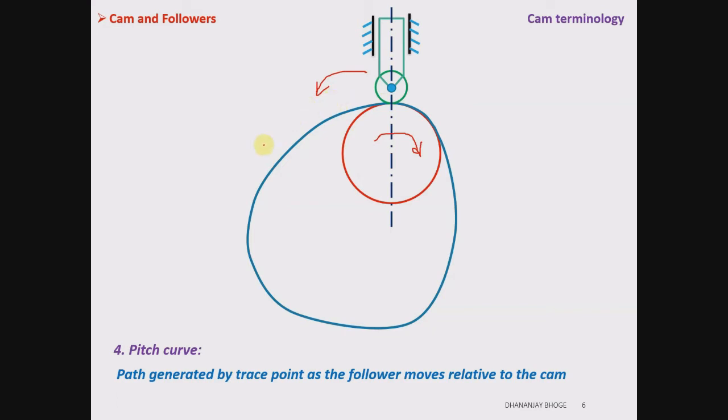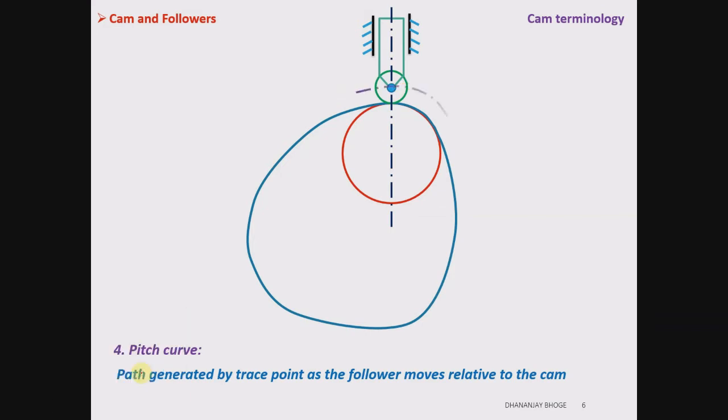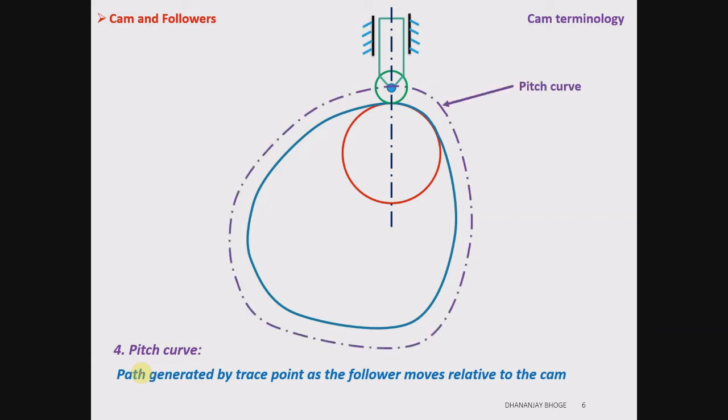And while it rotates over the surface of this cam profile in opposite direction of cam rotation, the path traced by this trace point is called as the pitch curve. So this is the pitch curve along which the trace point will move while the follower is traveling around the cam profile. So like this, the trace point will trace the pitch curve.